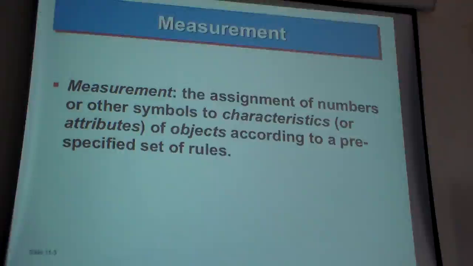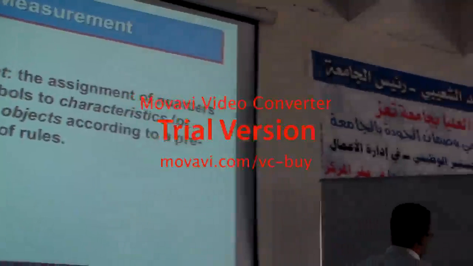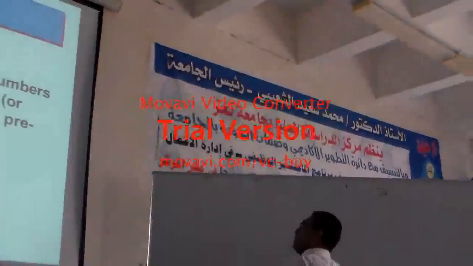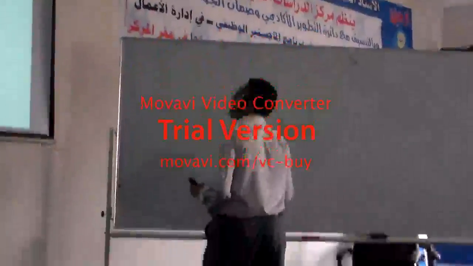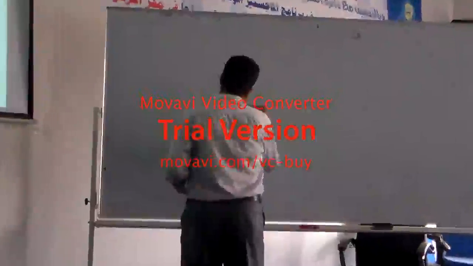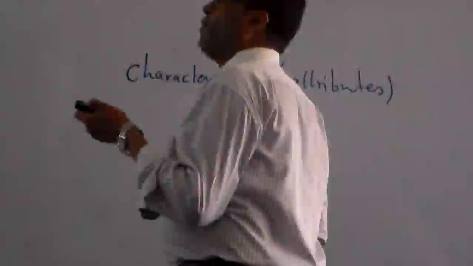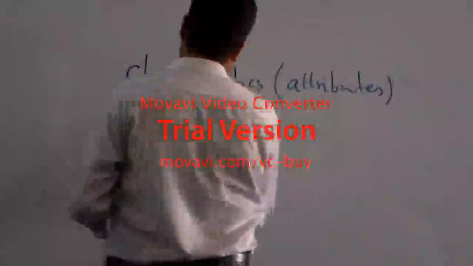You can go through any definition by analyzing its components. So in this definition, we have characteristics or attributes of objects.